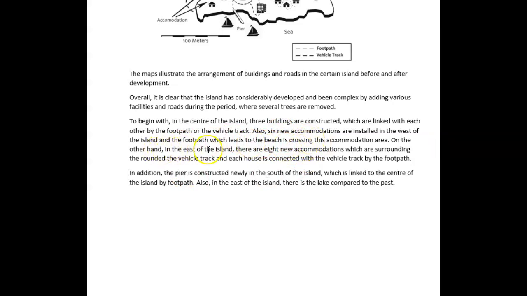On the other hand, in the east of the island, there are 8 new accommodations which are surrounding. No. I don't really care for that. I mean, it's like you're saying the houses are in a round pattern because they surround the vehicle path. But I think it's the other way around.